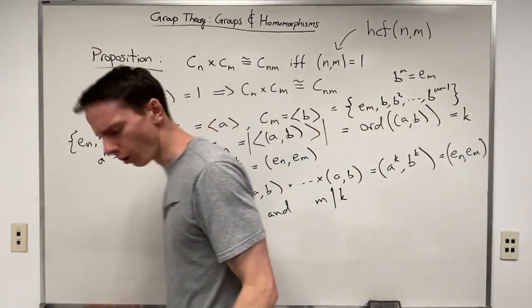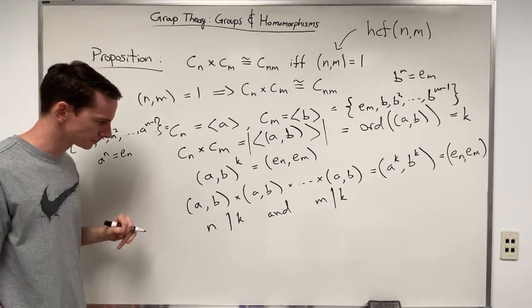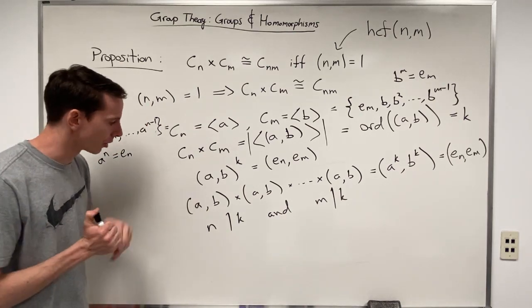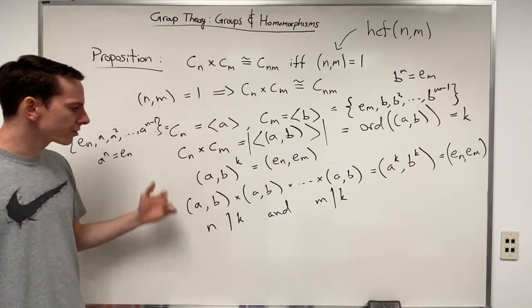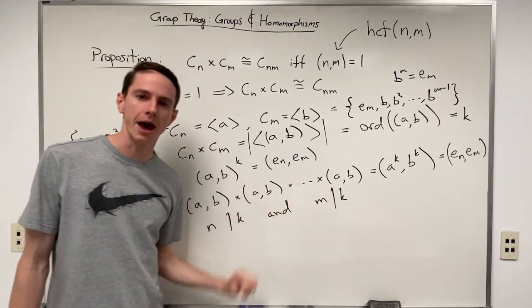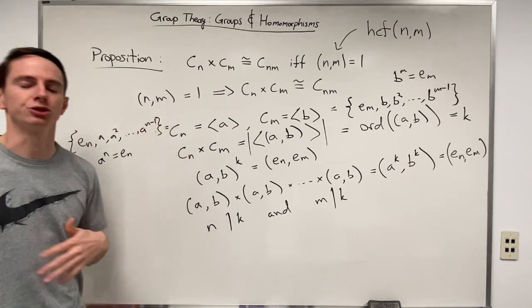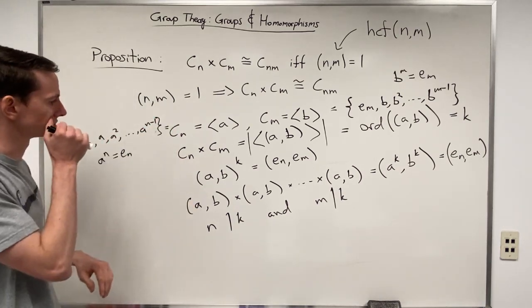Right? Hopefully that makes sense. Now, if that still makes sense, let's just keep going. So we know that k needs to be a multiple of both n and m.